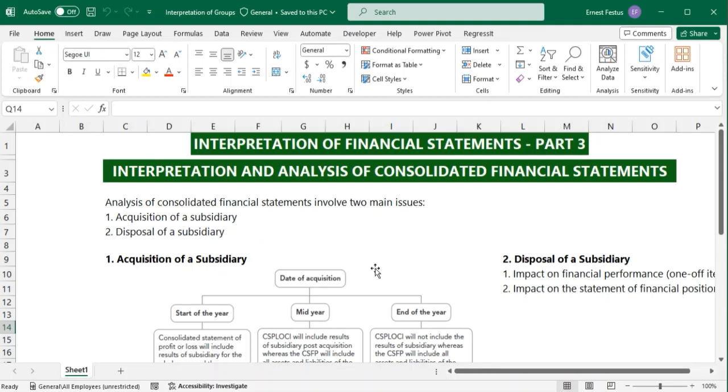So we know that the consolidated financial statements comprise the financial statements of a parent and a subsidiary. The parent acquires controlling interest in the subsidiary, and so there is that parent subsidiary relationship. The subsidiary can be one or two or even more.